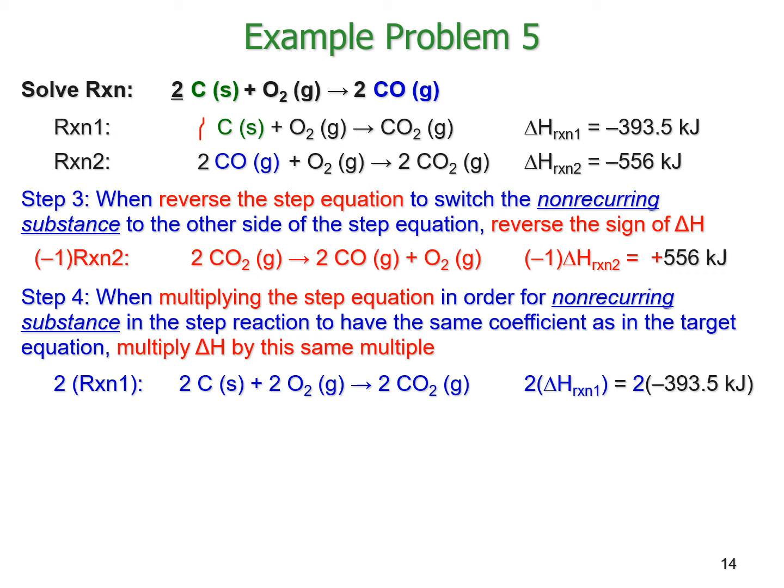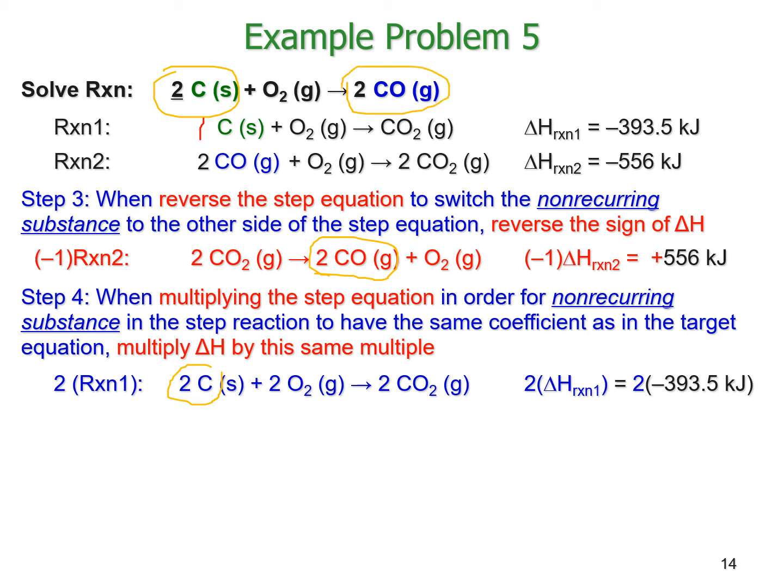Now, let's see. I'm going to use orange color. When we check the non-recurring substance for step reaction 1, we got 2 carbon, so that's 2 carbon right here. Same coefficient, same side. After manipulation of reaction 2, we have 2 carbon monoxide right here, and we have 2 carbon monoxide there.